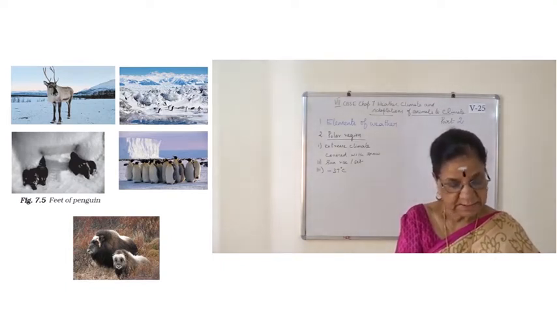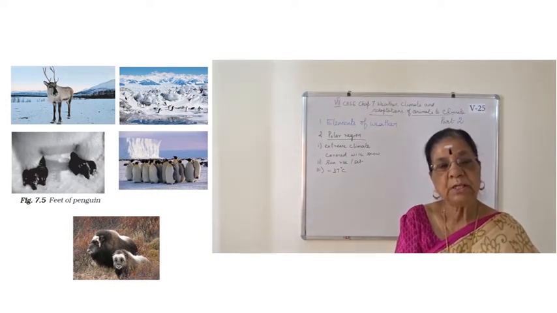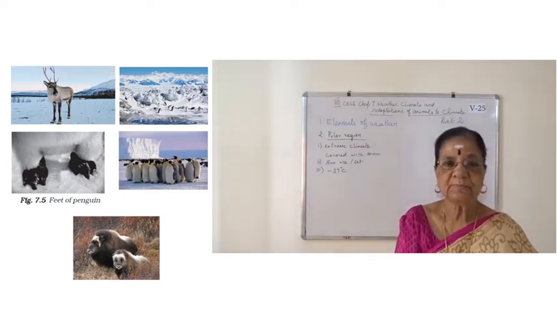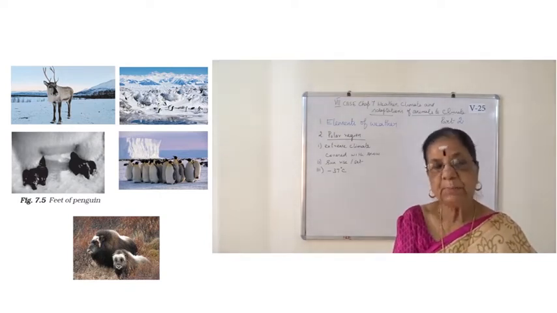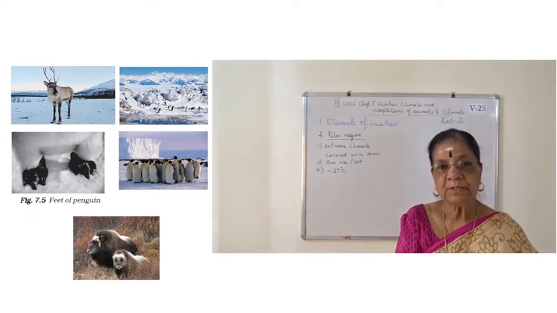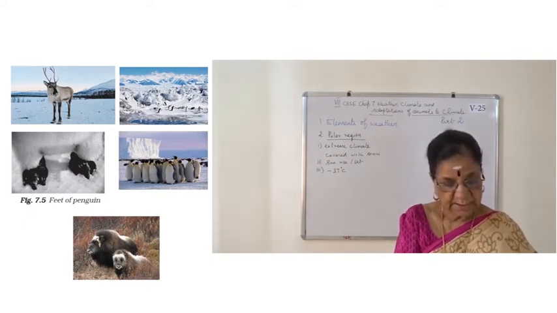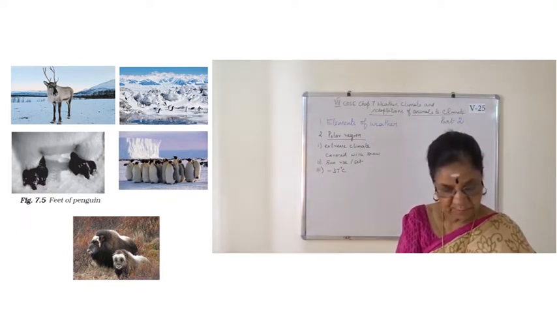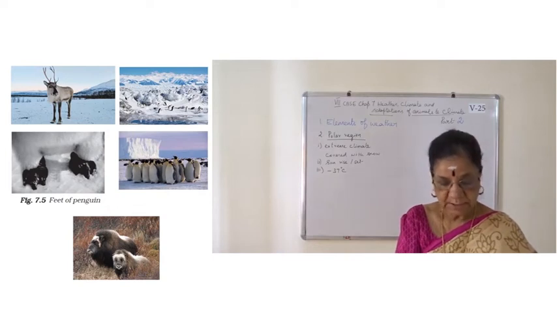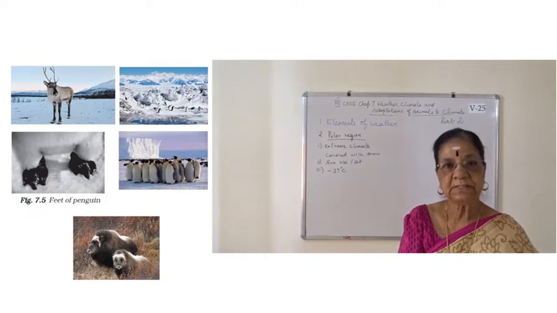As a result, they are cold throughout the year. Some places in the polar region are Canada, Greenland, Iceland, Norway, Sweden, Finland, Alaska in USA, the Siberian region of Russia and some other countries.